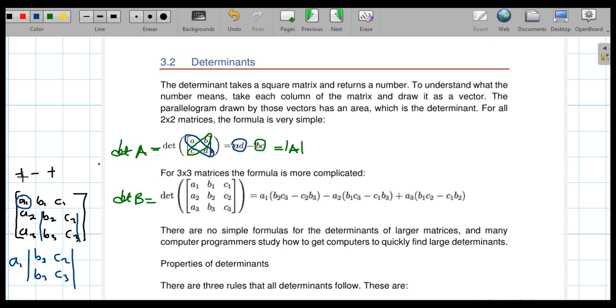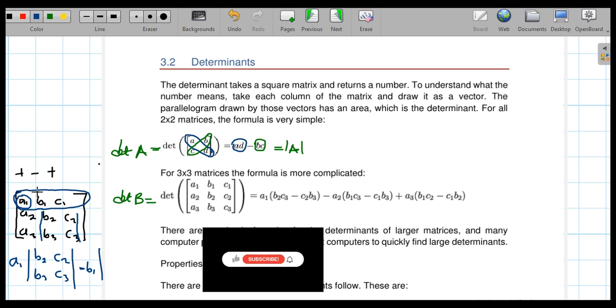The first element here is plus, so when you get to the next one, you are now going to use minus. So this will now be minus B1. Since you are in B1 now, the whole of this row and the whole of this column is going to be left out, cancelled.